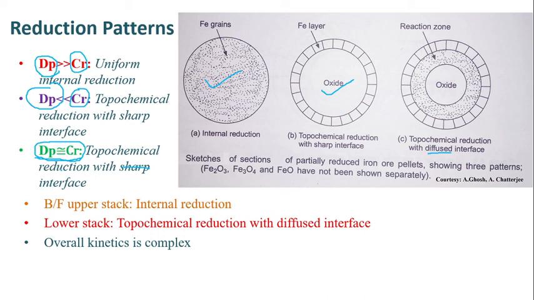The CO by CO2 ratio will be changing at each and every point. Also, when the burden is moving down, the load on the burden is increasing. The overlying burden applies a compressive stress. So different conditions are there for a particle during the course of reduction, and the overall kinetics is complex enough inside a blast furnace.